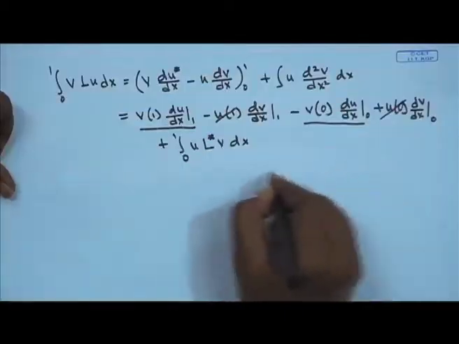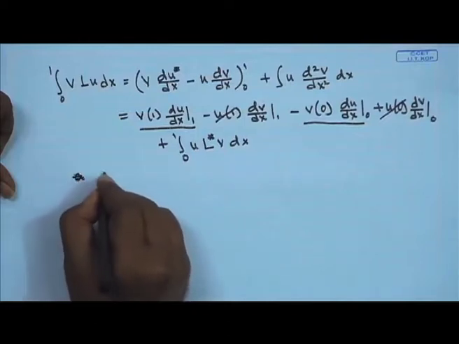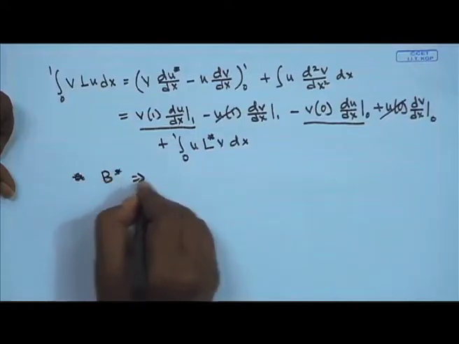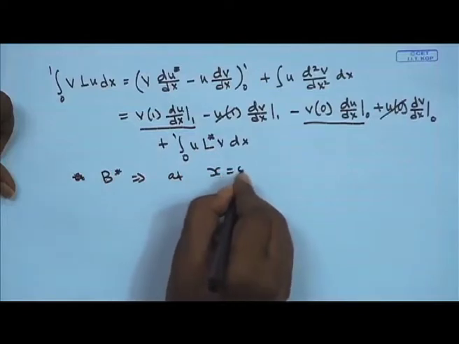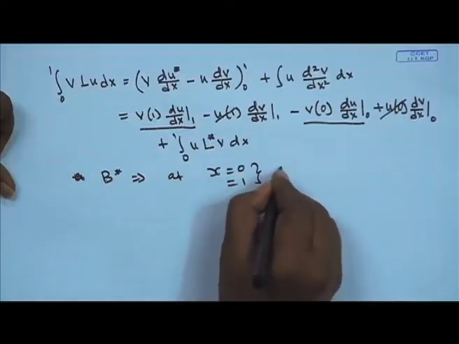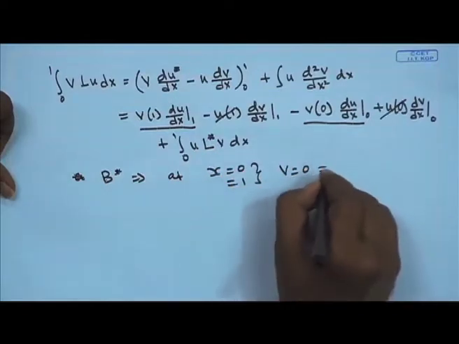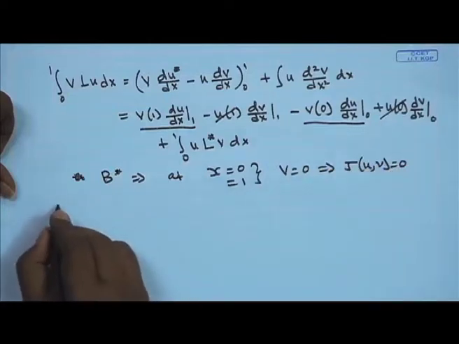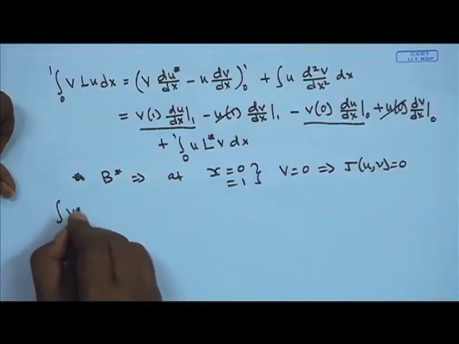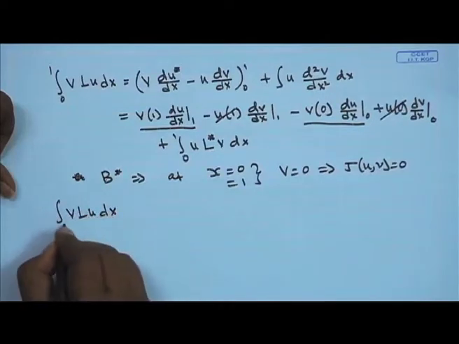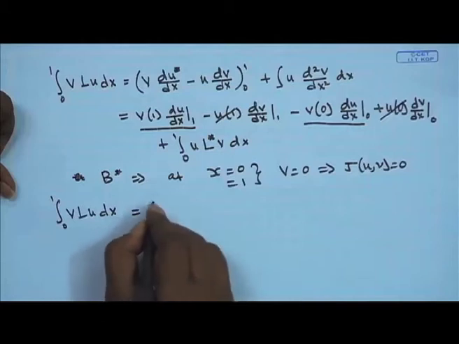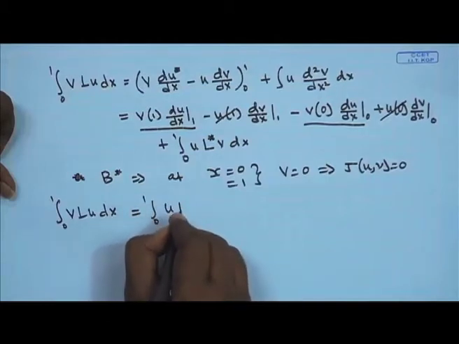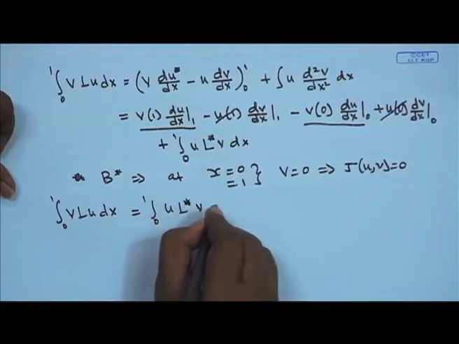That means if we select B star as at x is equal to 0 and 1, v is equal to 0, then bilinear concomitant terms will vanish, and what we get is integral of v L u dx from 0 to 1 is nothing but integral 0 to 1 of u L star v dx.